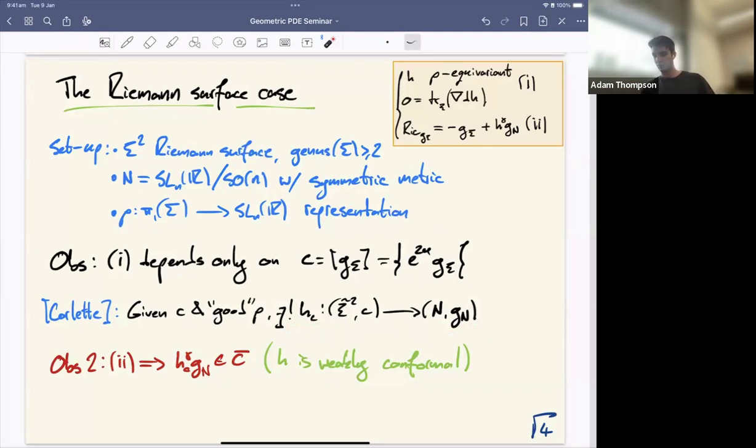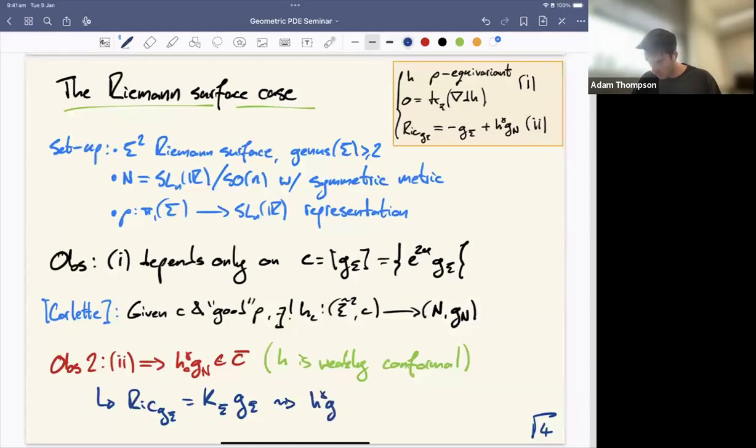And then my second observation is, if I recall, on a Riemann surface, of course, I have that my Ricci curvature is going to be always a function times the metric, namely the Gauss curvature times the metric. And so combining that with the fact that, of course, mean minus G is a function times the metric, I have that H should also be weakly conformal if it's to satisfy my Harmonic-Einstein equation.